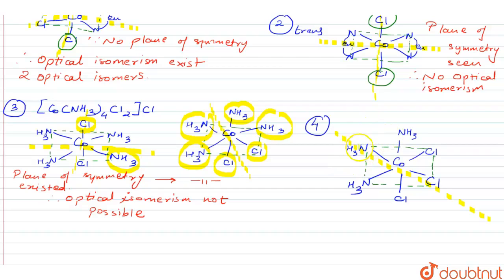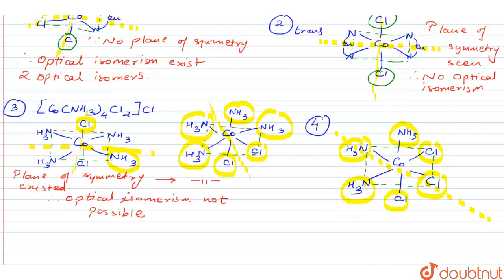This particular group which is on that plane line would be cutting these ligands into half, so they would be equal on either side. We have 1 ammonia and 1 chloro group on either side of the plane.